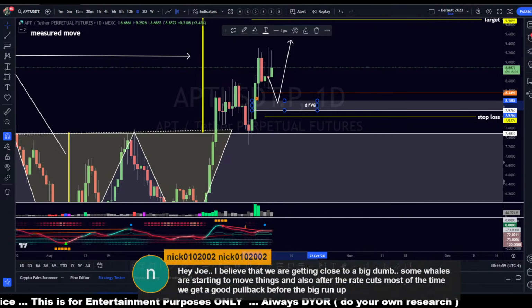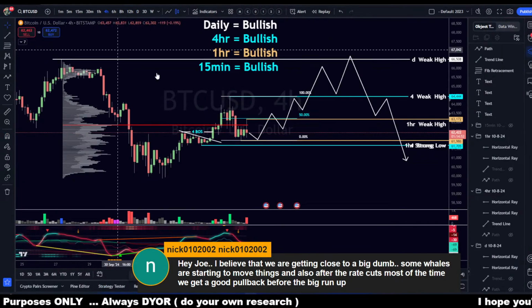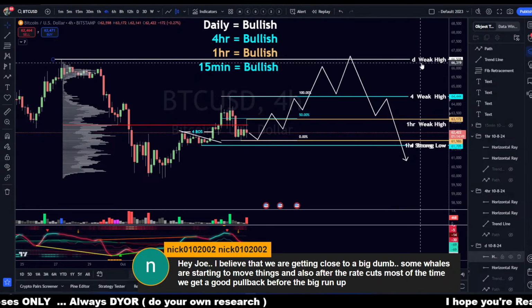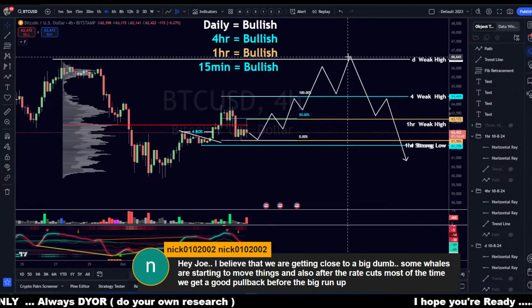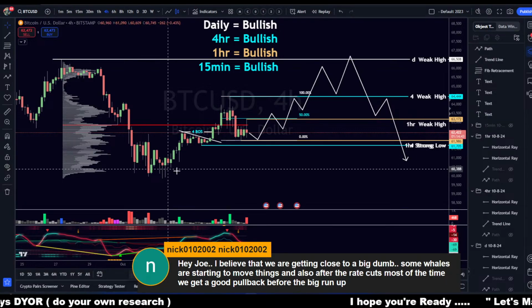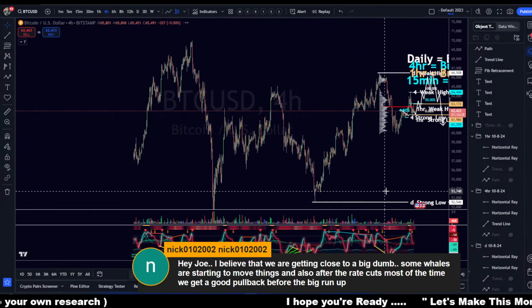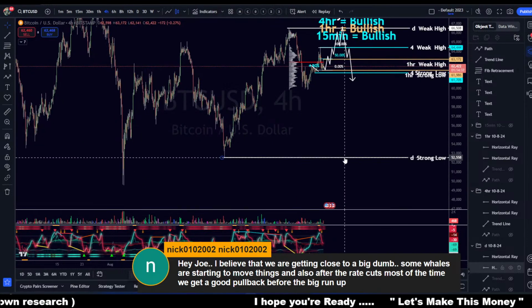Let's see here. Nick says, hey Joe, I believe that we are getting close to a big dump. I believe so. I think so too. Once this happens to the weekly, if we make it this high, I think we're going to get this and then some, possibly going to our 54, 52, so here's our strong low.